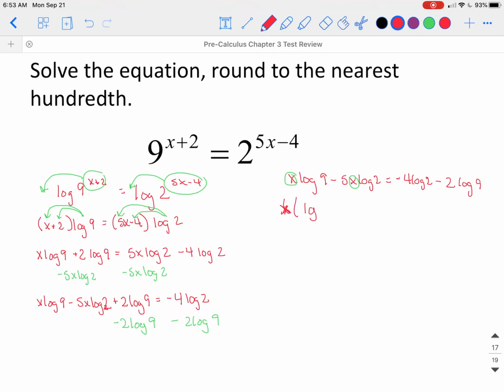So we're going to have x times the log of 9 minus 5 log of 2 is equal to negative 4 log of 2 minus 2 log of 9. Now we have x times that whole quantity, so to get x by itself, we are going to divide by the log of 9 minus 5 log of 2.